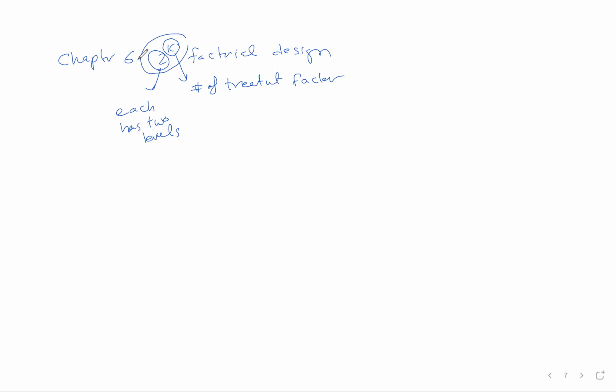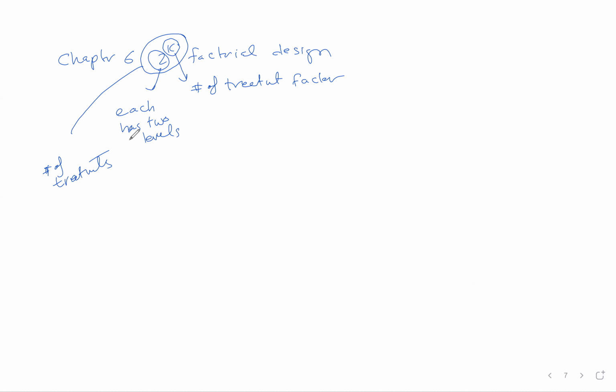And this is the number of treatments. So when we work with more than 2 levels, we found that the number of experimental units needed is very big. This is why we decided to work with only 2 levels for each treatment factor. This one saved much resources.